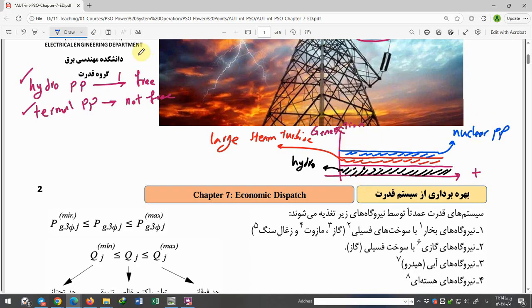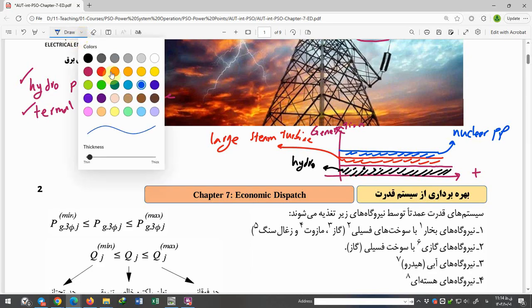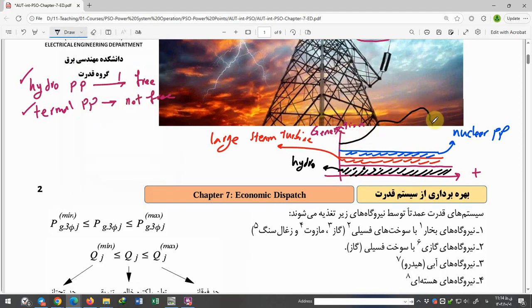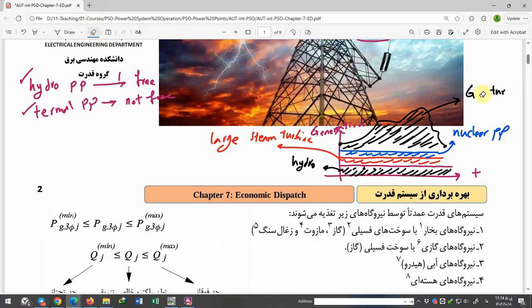And so if your load profile is like this, the other amount of power should be filled by a gas turbine.